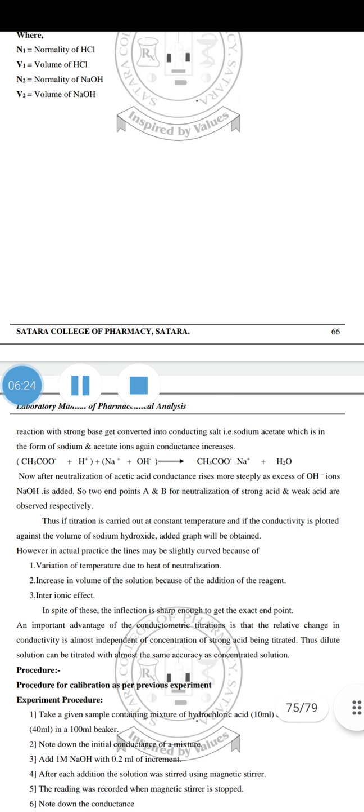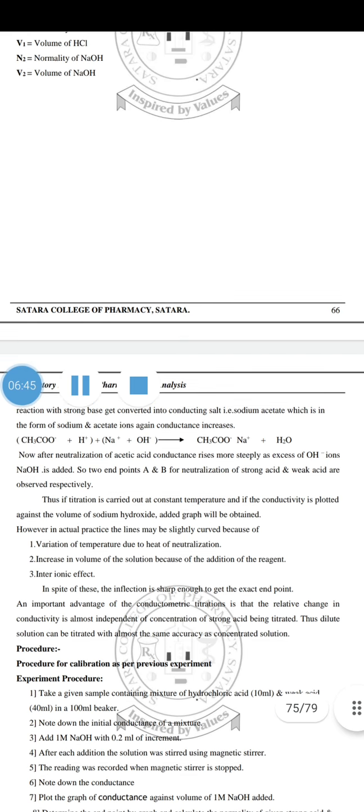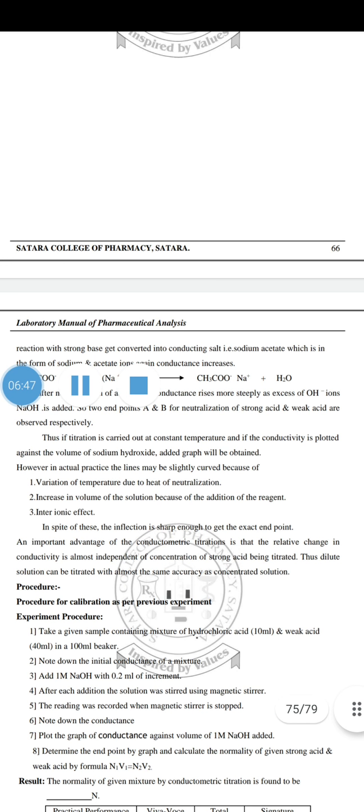In spite of these, the inflection is sharp enough to get the exact endpoint. An important advantage of conductometric titration is that the relative change in conductivity is almost independent of the concentration of the strong acid being titrated. Dilute solution can be titrated with almost the same accuracy as concentrated solution.